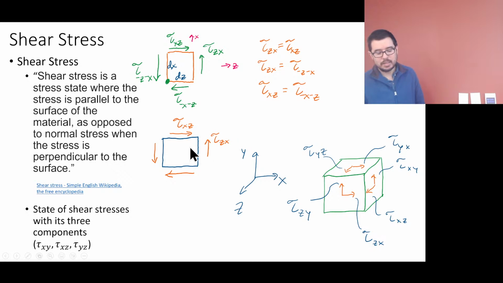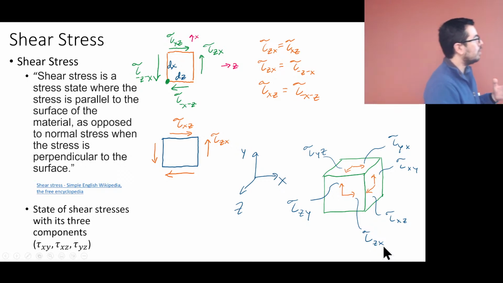Here's the tau zx now over here, or tau xz. They're the same. So the same convention applies. This is the face, this is the direction. This is the face, this is the direction.